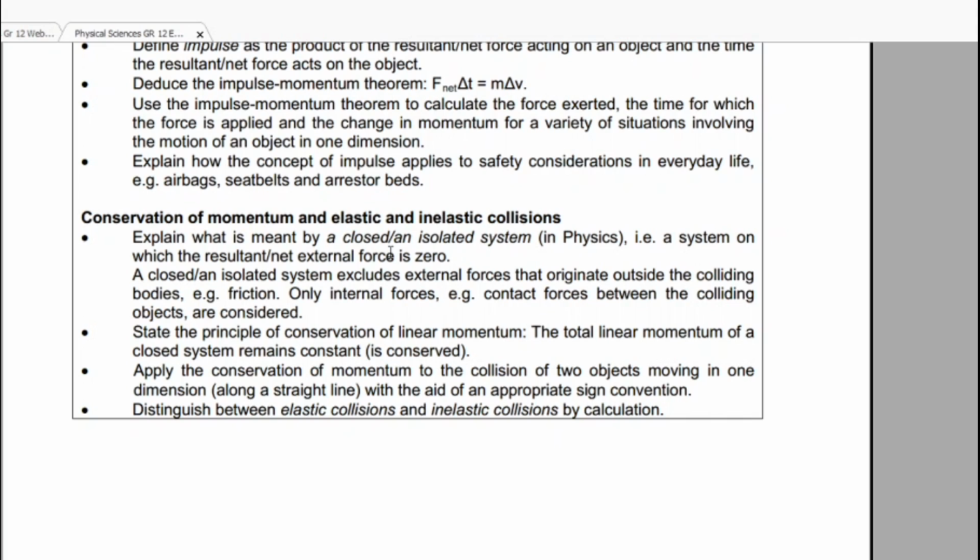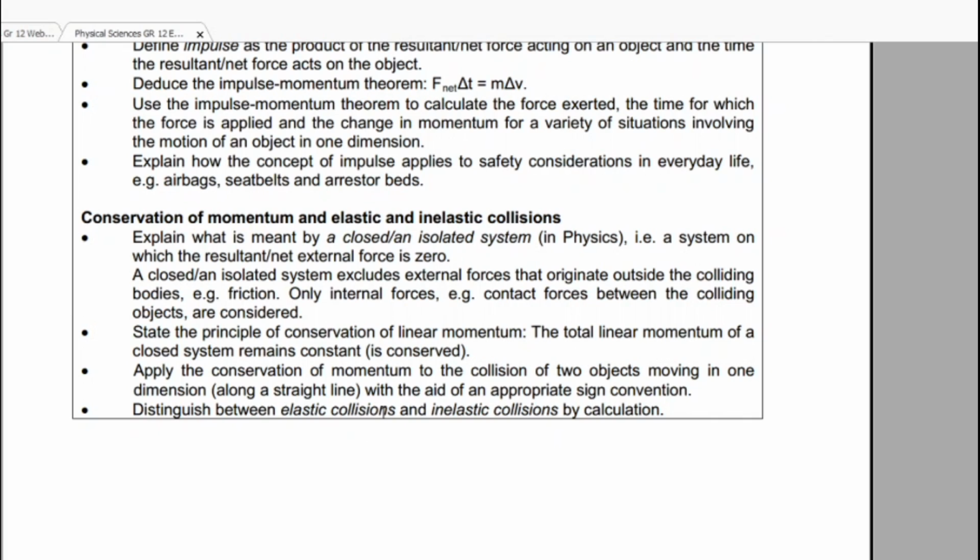So in short, a closed system is a system in which there are no external forces, right? There are no external forces means there's no friction or any other external force that you can think of. Okay, air resistance, friction, and other ones. So in a closed system, there are no external forces, right? And then state the principle of conservation of linear momentum.